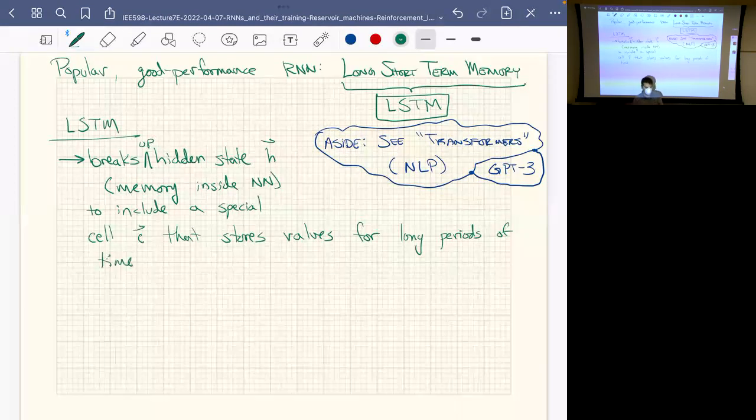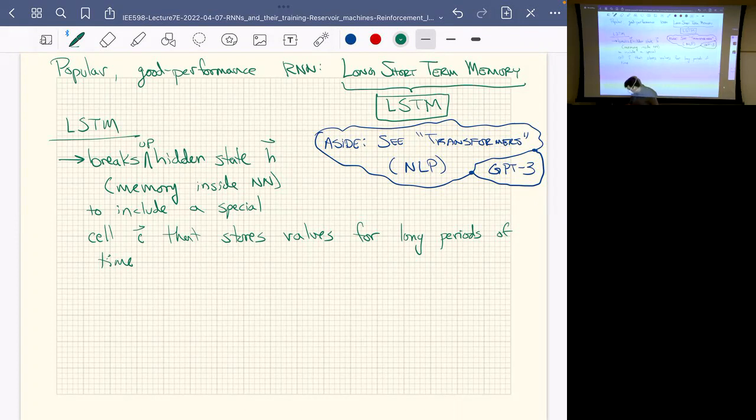And this special cell in the hidden state can be accessed through neurons that enable and disable access to it. So it can be gated so that you can write to it, and it can be gated so that it can be read from.